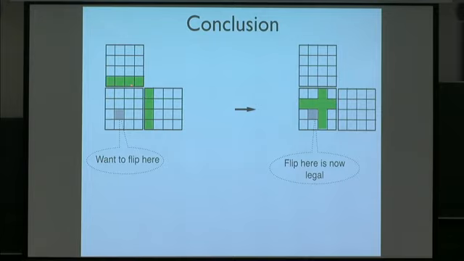We can start to slide, for example, this row down. For example, this guy here can become green, and then green, green, green. So we can slide this row down to here. We can slide this column to the left up to here. And finally, now this vertex has two green neighbors, and we can do the flip.